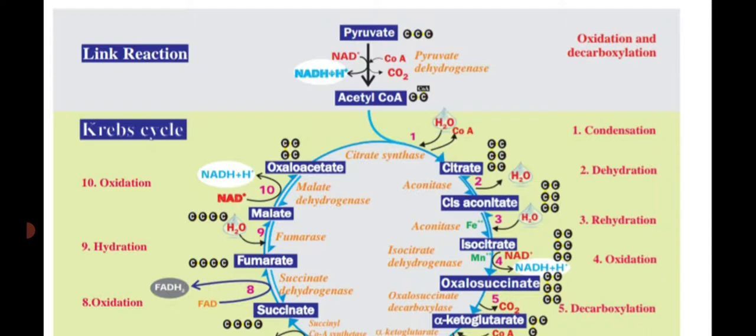Pyruvic acid or pyruvate, a 3-carbon compound produced in glycolysis, is converted or condensed into acetyl coenzyme A with the help of the enzyme pyruvate dehydrogenase. One molecule of carbon dioxide is liberated.